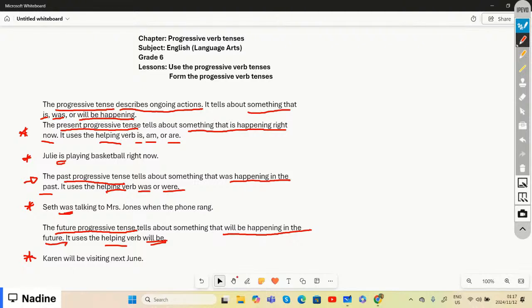The word will be gives us the indication that it is in the future, because will be tells us about the future.